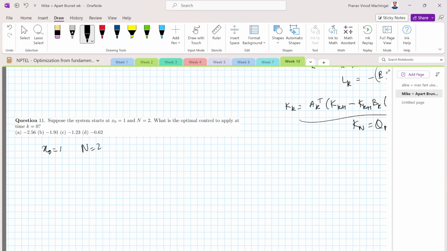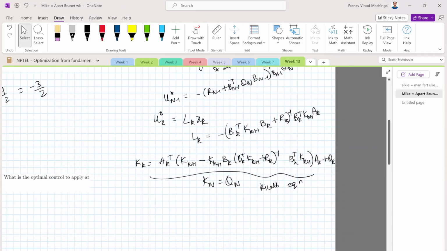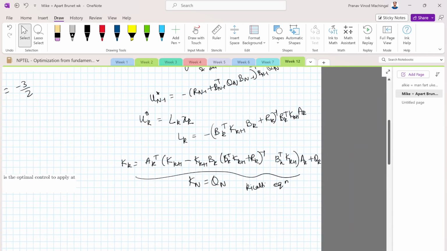So we just need to find u0 star. So u0 star, like uk is of this form, and here you have lk of this form. So basically you need to find all these k in some form.